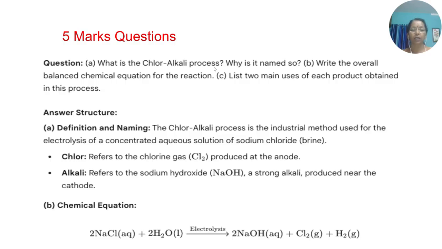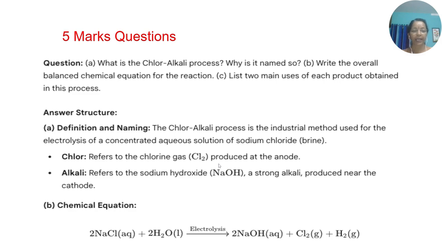Next, a 5 marks question. What is a chloralkali process? Why is it named so? Write the overall balanced chemical equation for the reaction. List 2 main uses of each product obtained in this process. Here the answer is given, and we know the answer. We discussed it while we were discussing the lesson. The answer is given here in a proper way.